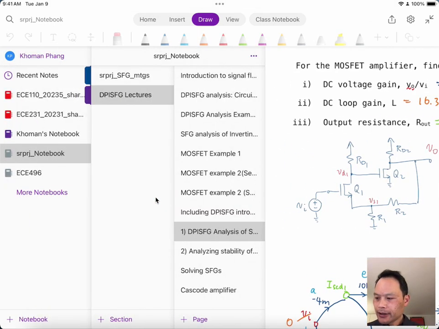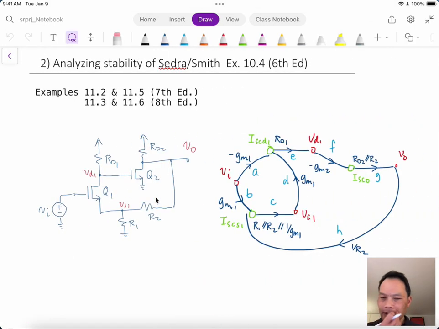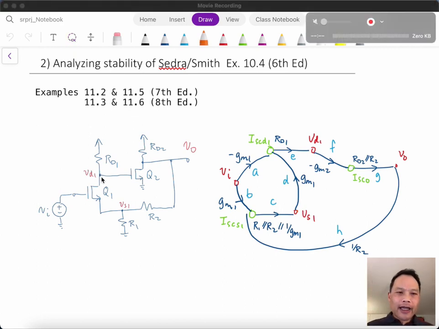And to understand the stability properties, we really have to account for the parasitic capacitances that exist in any practical circuit. Parasitic capacitances appear at every node, and there are others as well, but let's just think about the capacitances at each of the circuit nodes.